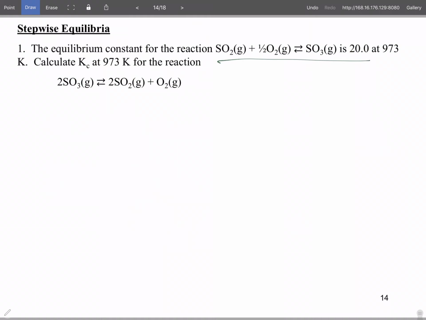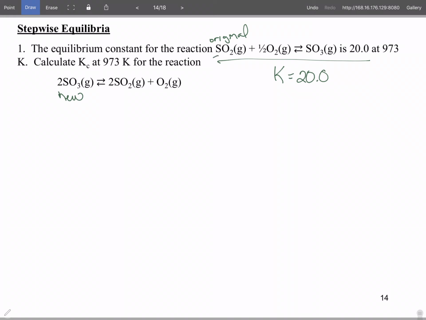So, for example, for this one, we have K equal to 20.0. All right, simple, no problem. This is our original, and this is our new, or manipulated, equation. So what did we do to go from this one to this one?